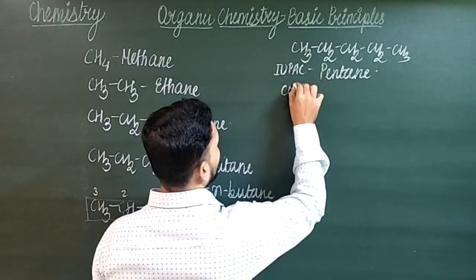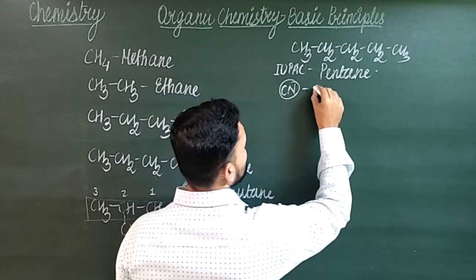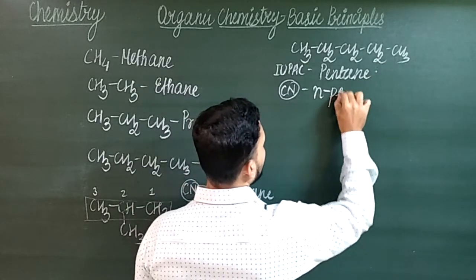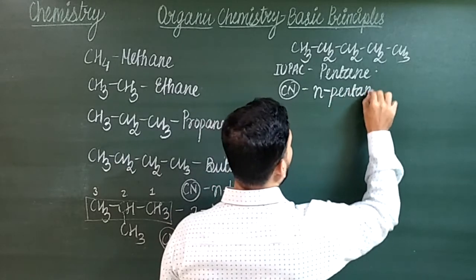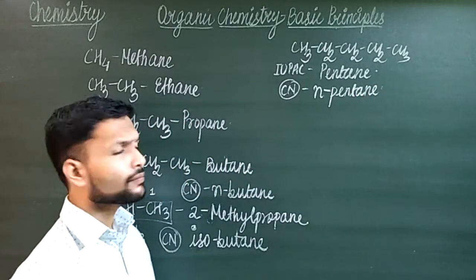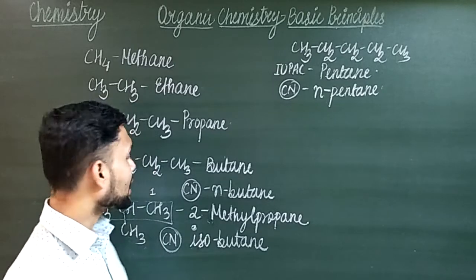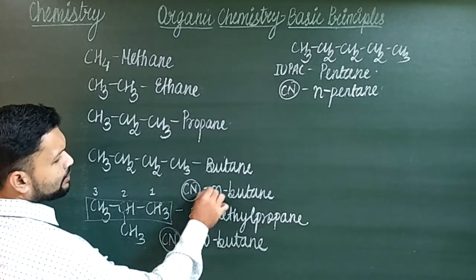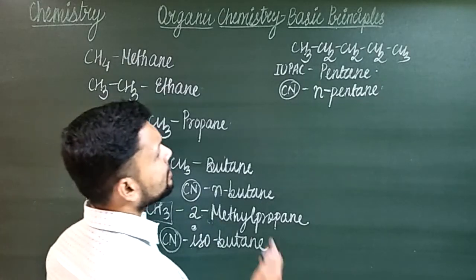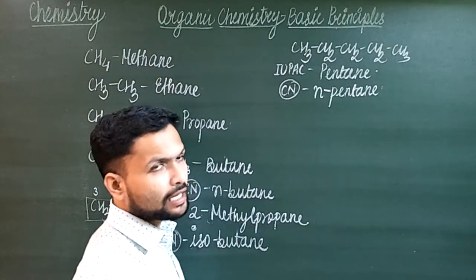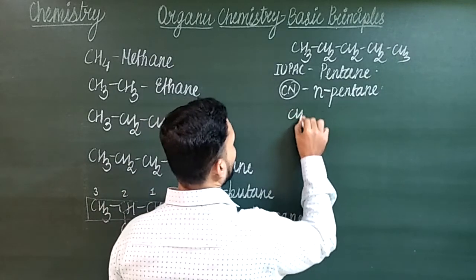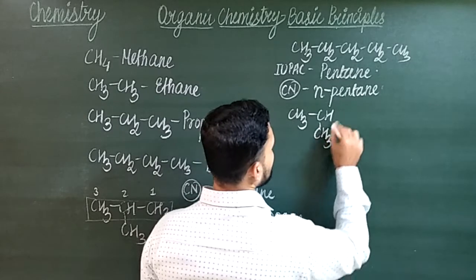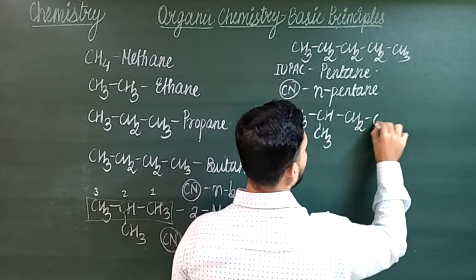But if I want to write the common name, just put the prefix N because it's a straight one, and we'll write it as N-pentane. Hope you're getting this. These are the simple names, and I'm also giving their common names here. So this is pentane and this is N-pentane. Now we'll see an isomer of that. Suppose this is the structure of its isomer.